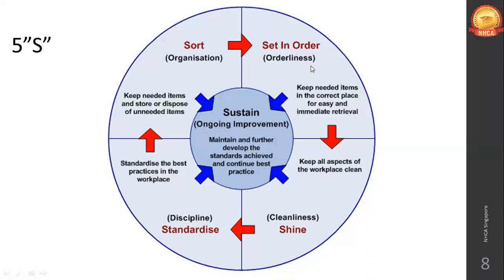You may have 10 different shelves, each shelf for 1 year and 1 month or something like that. You can categorize in a very orderly manner, either by date of admission or by IP number. You are keeping it in order. That is set in order.